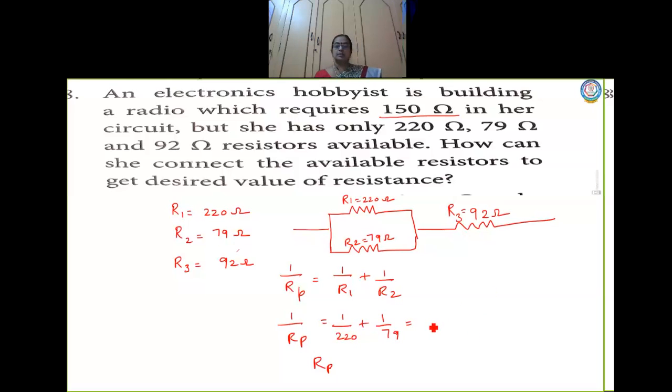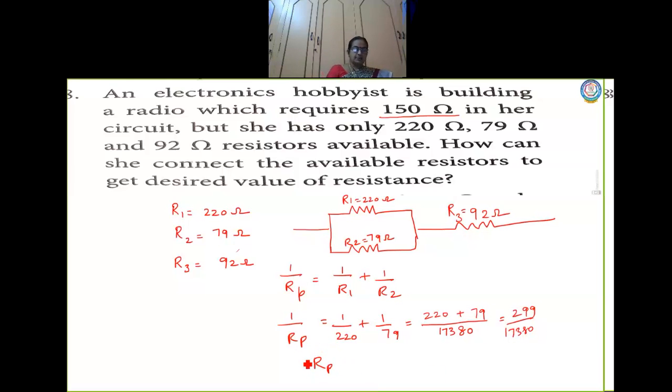When I multiply 220 into 79, the LCM is 17,380. This is the LCM. And when I simplify, I have 220 plus 79, so the total value will be 299 by 17,380.